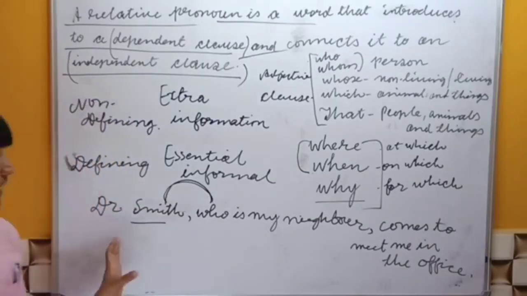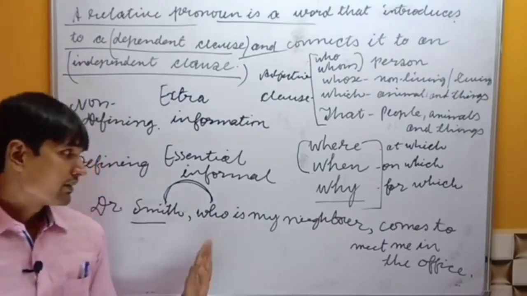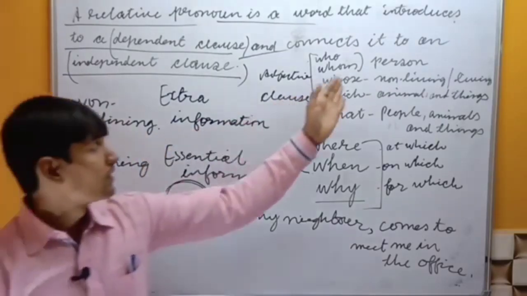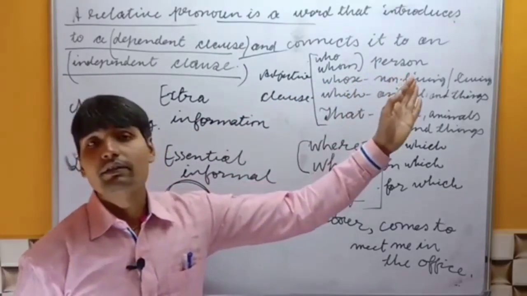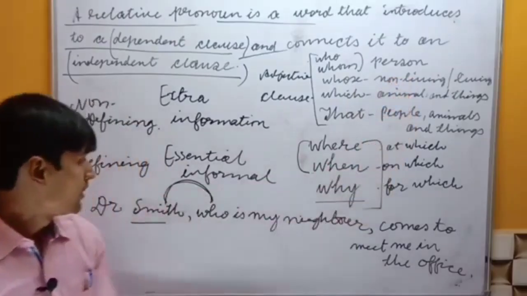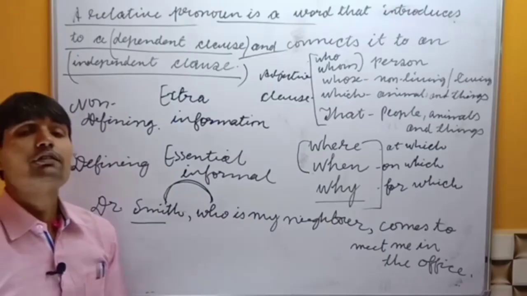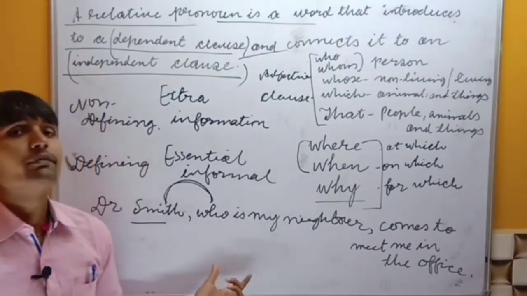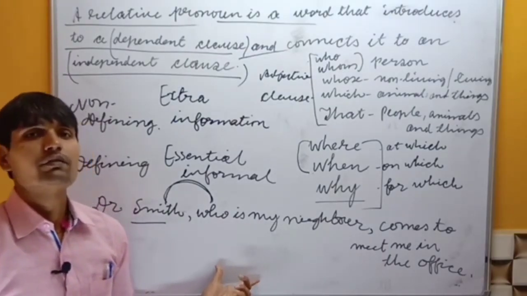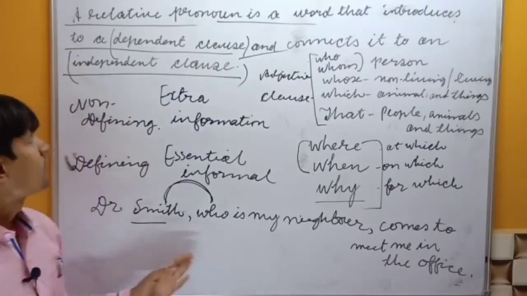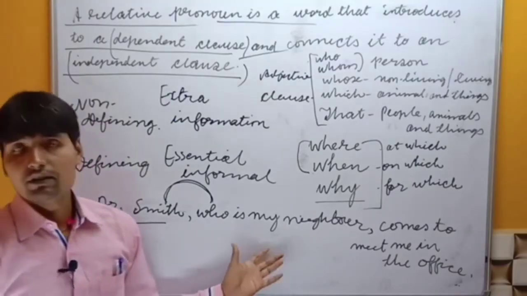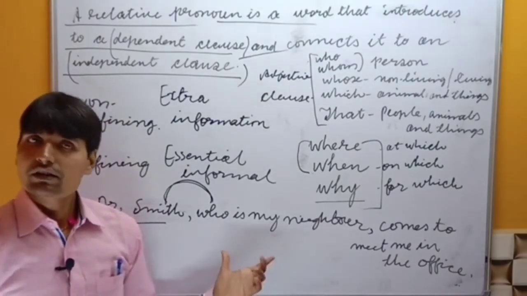The second thing is that, as I have already written here, who and whom are used for persons. So Dr. Smith is a person, and who is used as the subject of the dependent or relative clause here. So you can say the relative clause is clearly written.